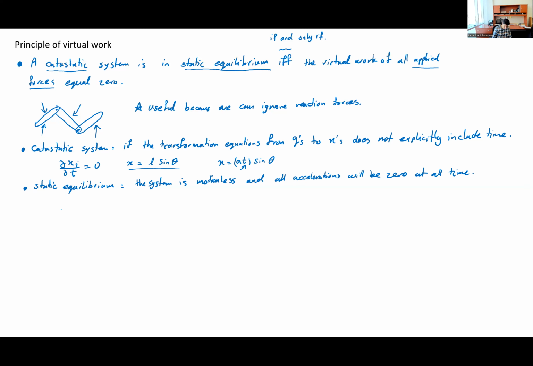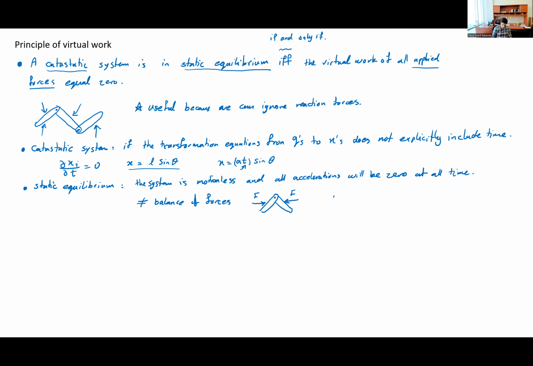One thing to note, it is different from a balance of forces. So this is not equal to balance of forces for the entire body. As an example, imagine I have, I don't know, a simple mechanism like this. I have two forces equal and opposite each other.